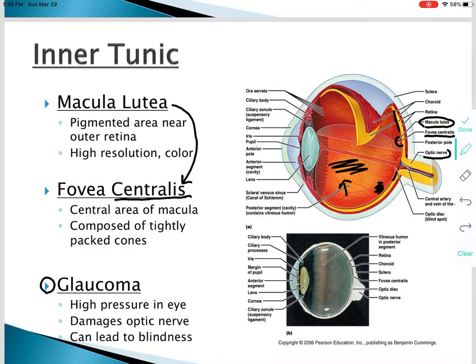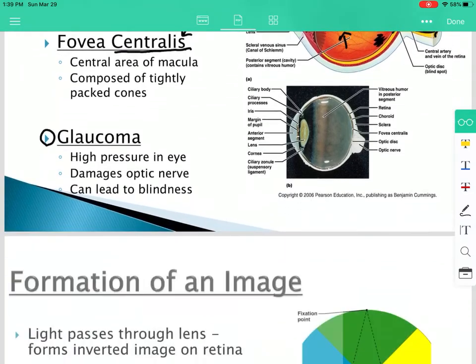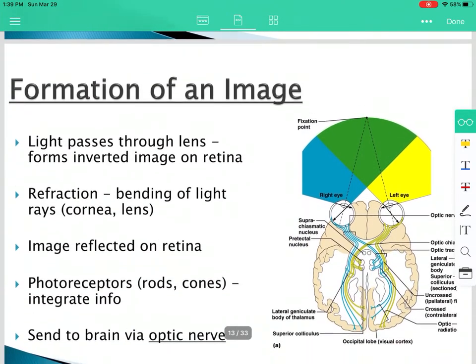One of the things that can happen with that high pressure is we can damage the optic nerve. And if we damage the optic nerve, even if we're still getting light rays coming in, and we're still able to process some of them, if we damage the nerve that takes the information to the brain, we're not going to be able to really see, because we're not having the connection between the eyeball and the brain.